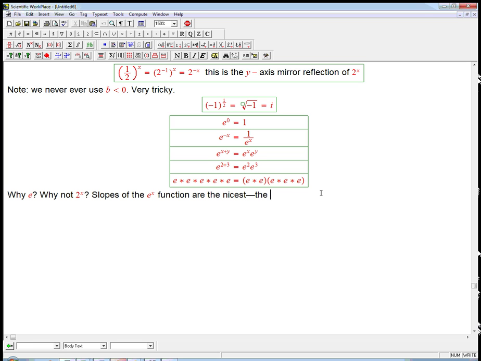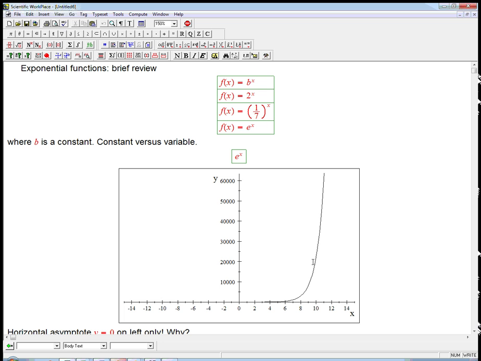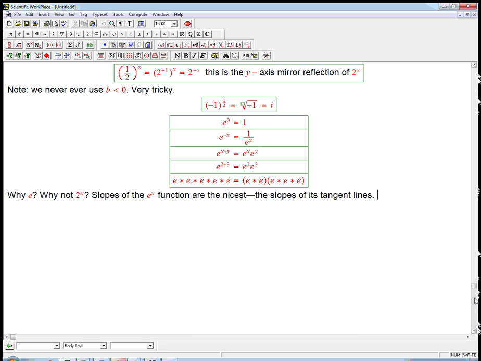More precisely, the slopes of its tangent lines. When we calculate those, we get an amazingly nice answer. And there's other reasons, but that's really the killer app for e. That's the real reason why people use e so much, is that when we look at the slopes of the tangent lines of this e to the x function, they have very nice properties. I'm not going to give away what those properties are because I like people to discover those. Okay.